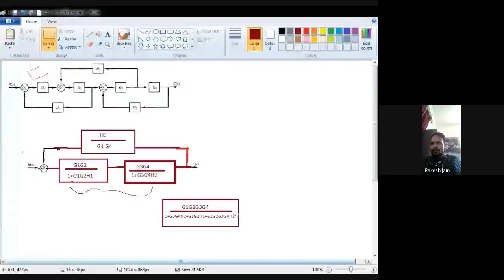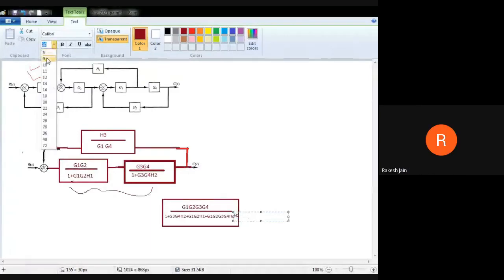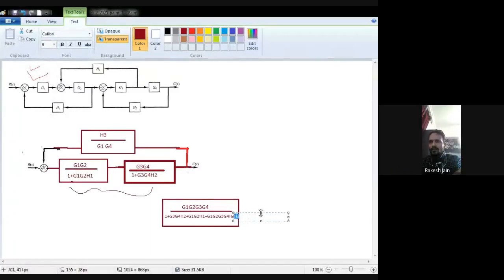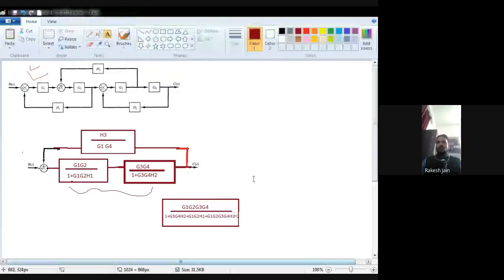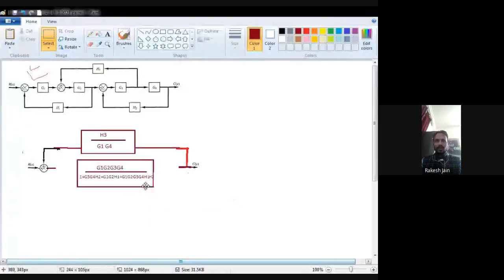So G1 G4, here G1 and here G4. So S3 divided by G1 G4. Okay. So now we remove these blocks, and instead of them we just connect a single block. Okay. And just make the connection.